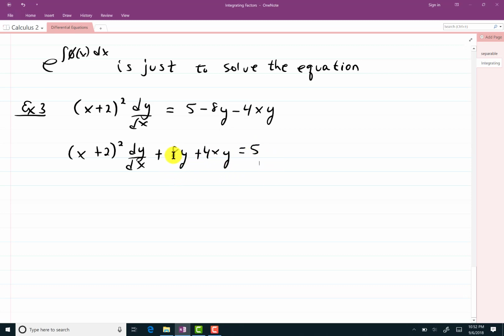It's not quite the way I want it just yet, so let me factor out a y from both of those pieces. So I have x plus 2 squared dy over dx plus, I can factor out a 4, I'll take out a 4y. So, I want to leave y by itself, so let me put y there. And that'll leave me with 8 plus 4x, and that is equal to 5.